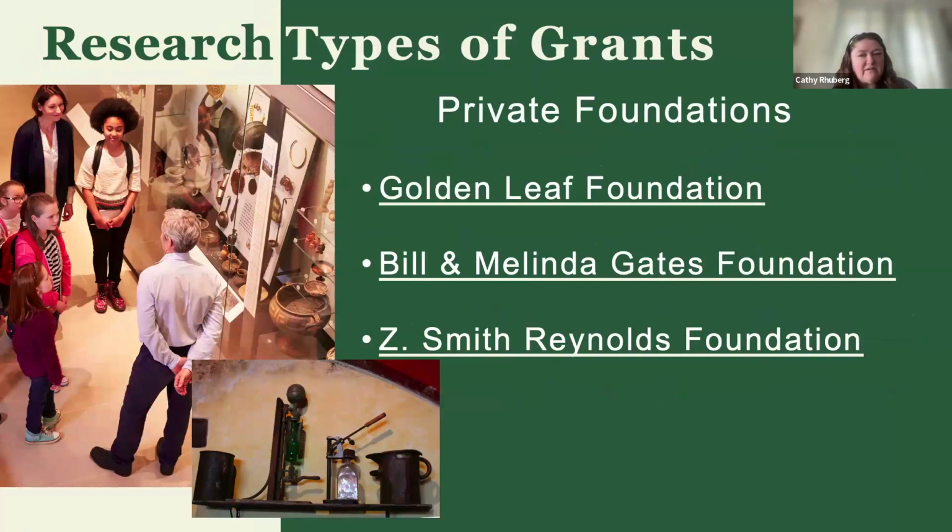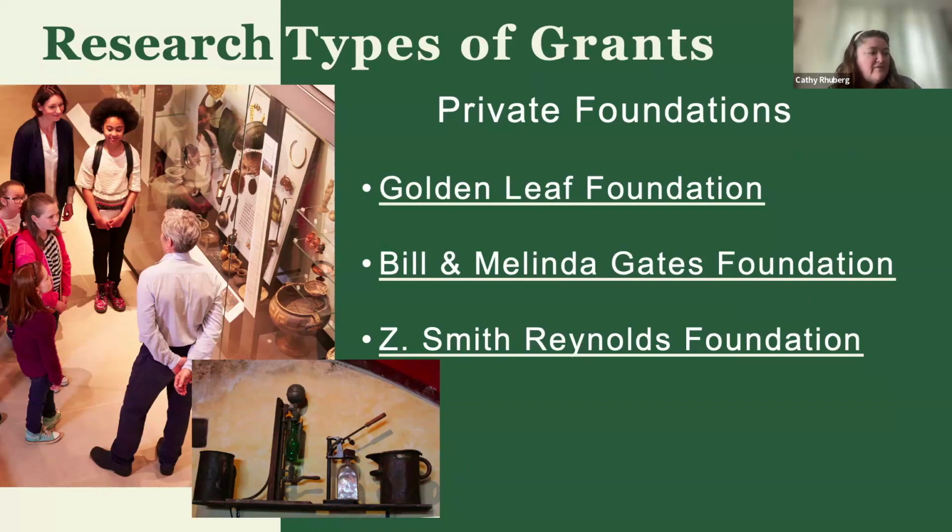So you've got government grants. You've got private foundations. We're pretty lucky in North Carolina that we have many foundations. Certainly, we've got the Golden Leaf, we've got the Z. Smith Reynolds Foundation. Those are both North Carolina based. We have the Bill and Melinda Gates Foundation. That is a global foundation, but they also have programs that may fit something local.